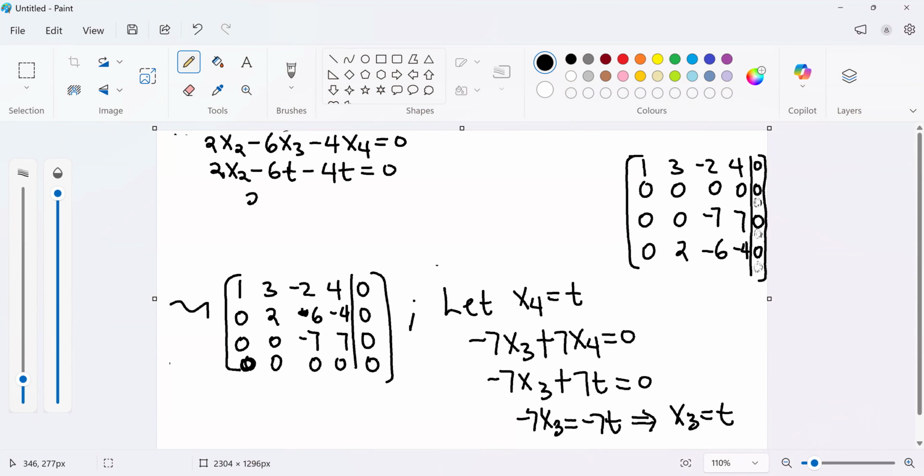So this is 2x2 minus 10t equals 0, and 2x2 is equal to 10t, divide by 2, meaning that x2 is 5t. As simple as that.